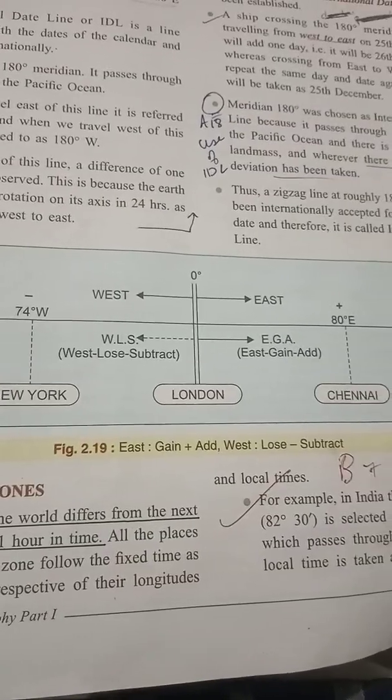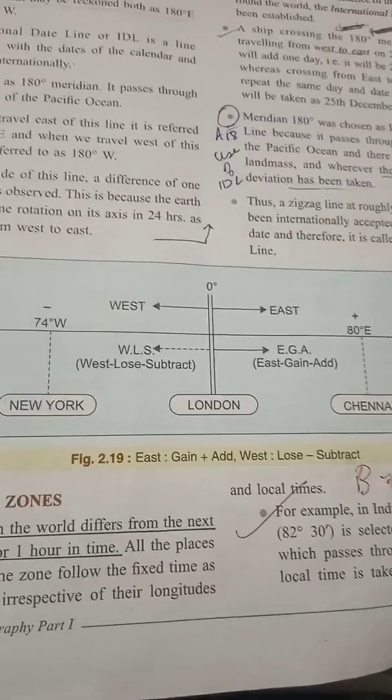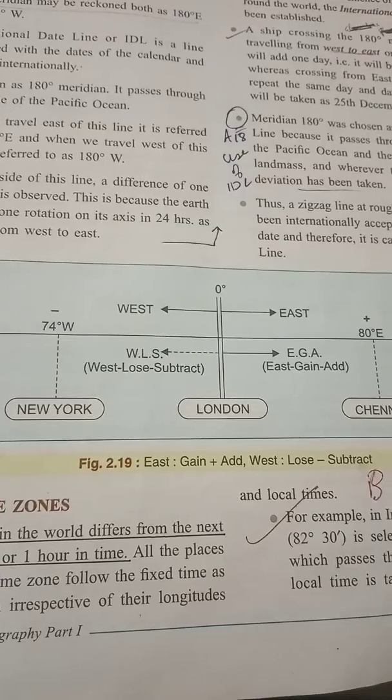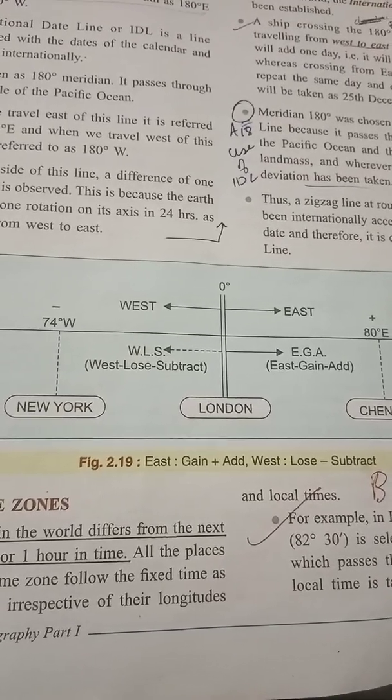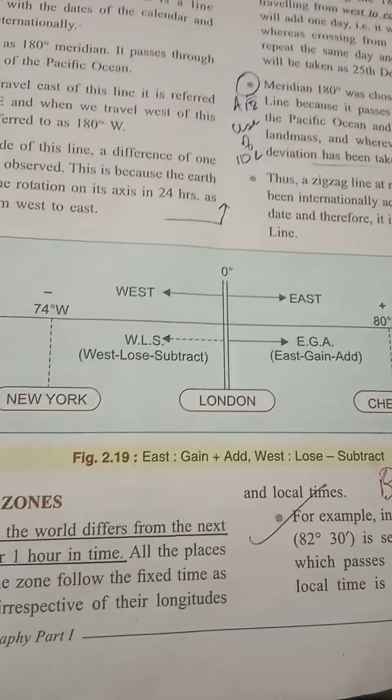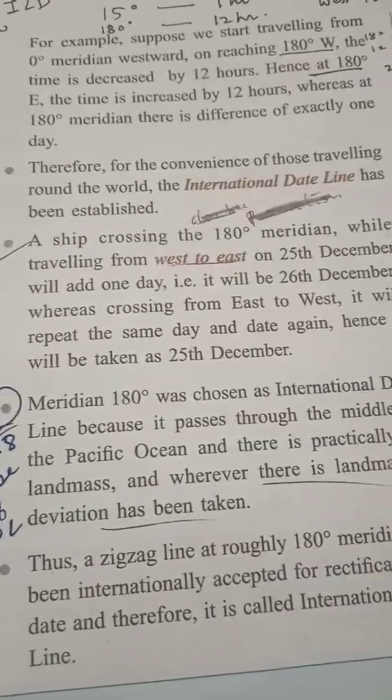If you go toward the east, we add time. When we go toward the west, we lose time. There is a difference of exactly 1 day as soon as we cross the international date line. So it is for the convenience of those traveling around the world that the international date line has been established.